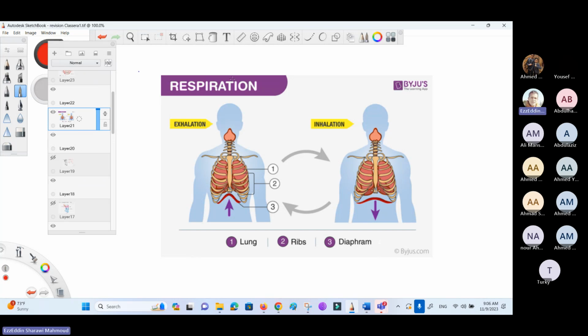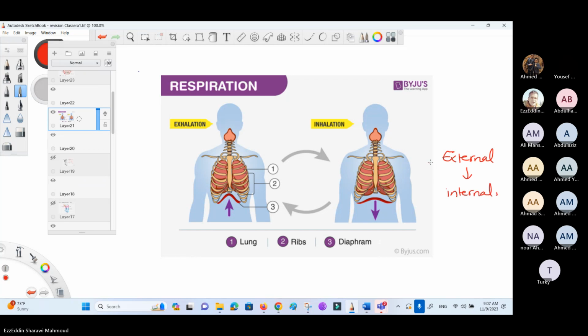Don't forget that the two lungs are protected by the ribs or rib cage or thoracic cage. Between the bones of the rib cage, we have two types of muscles. The first one is outer and called external. The other one is internal.